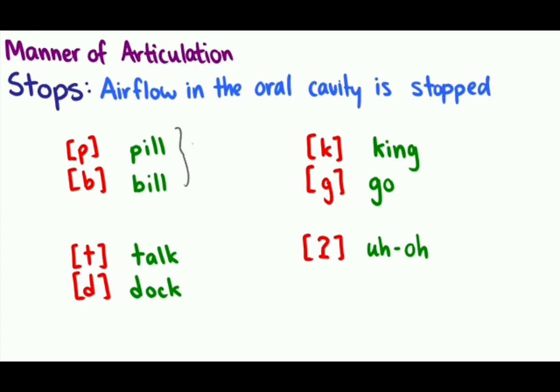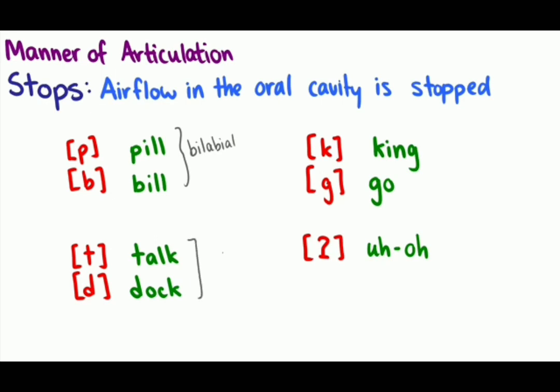So for instance, P and B as in pill and bill. Here the airflow is stopped at your two lips, P and B, and then it's released. Then we make the T and D sounds with top and duck. The T and the D are your alveolar sounds.